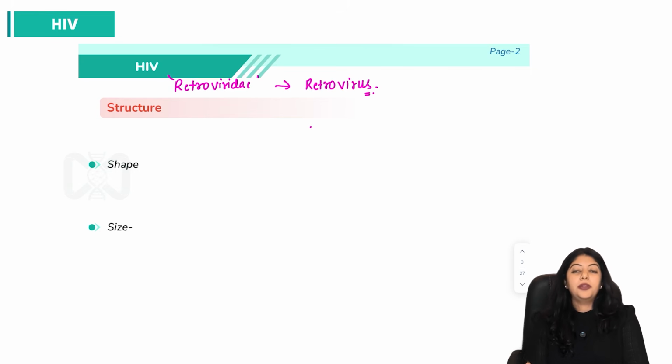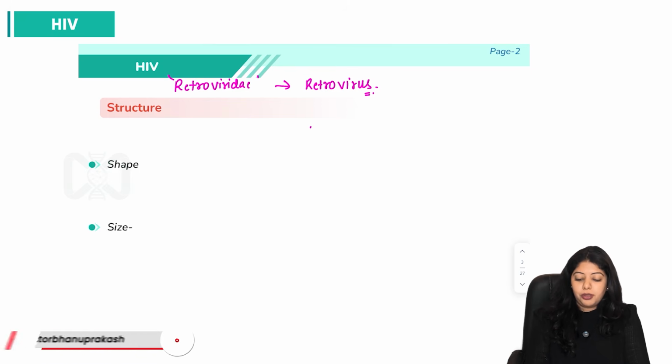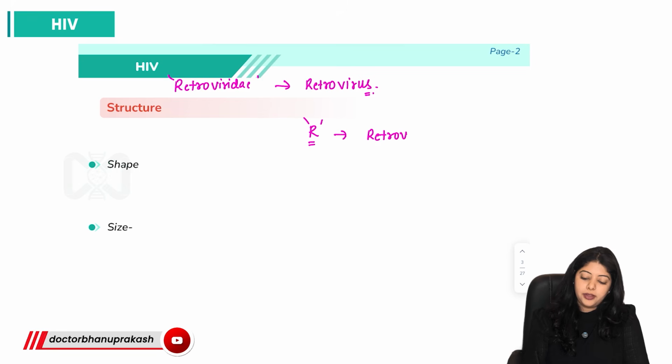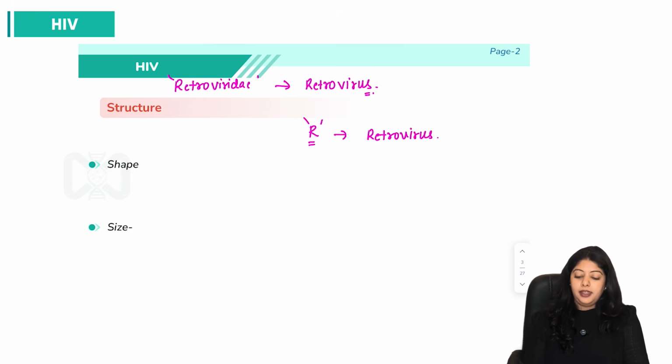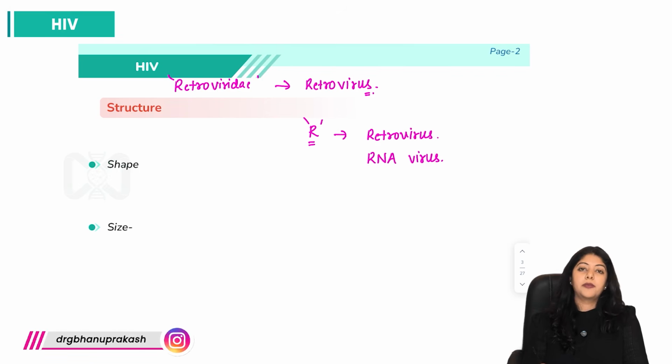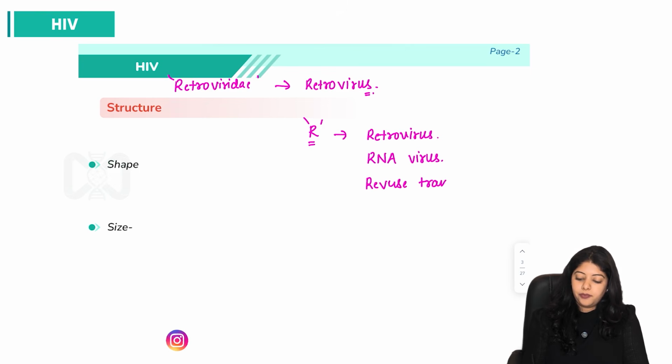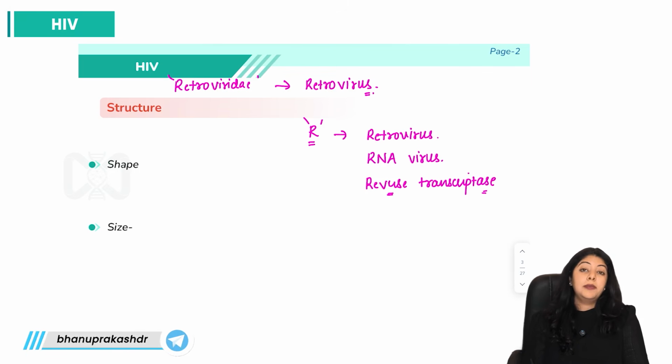And whenever we talk about HIV, we should remember R for a number of things. Firstly, we have already spoken about it: it is a retrovirus. Then it is an RNA virus. And it also has a very important enzyme, that is reverse transcriptase, which helps the synthesis of DNA directly from the RNA after infecting the host cells.